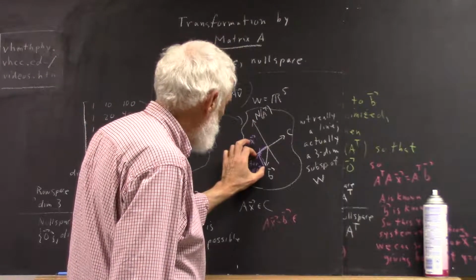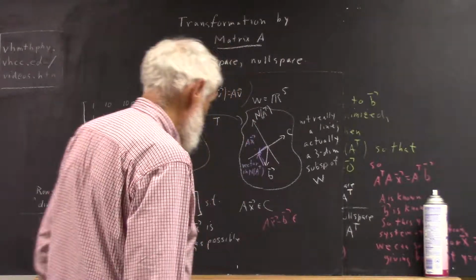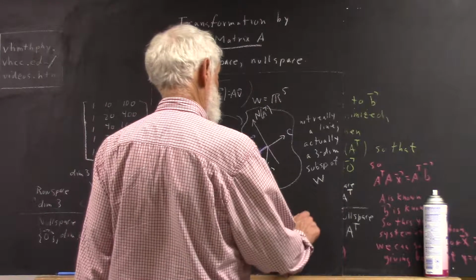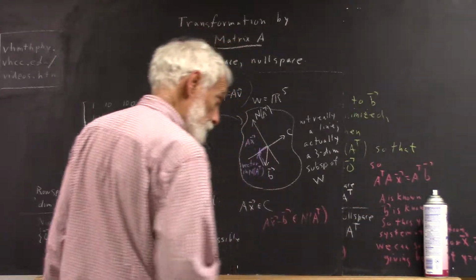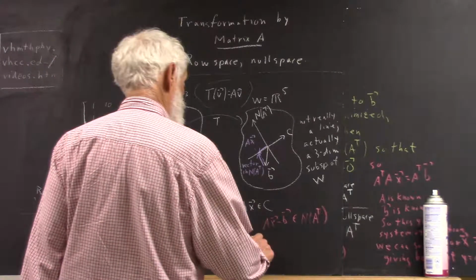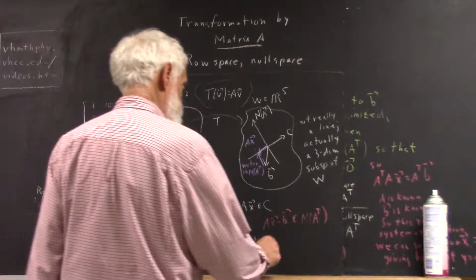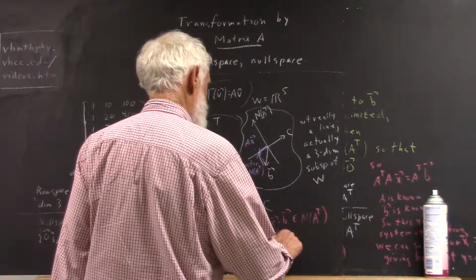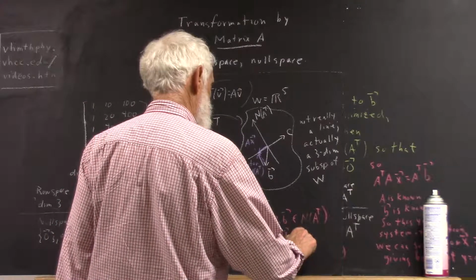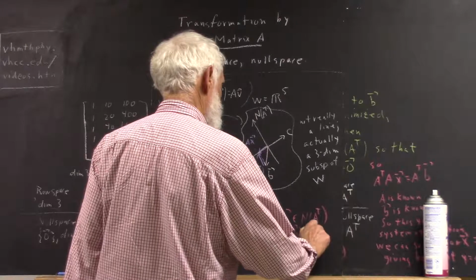It would be this, and that would be this vector here. Okay, AX minus B is in the null space of A transpose, and I'm just repeating what we said before. So A transpose of AX minus B is 0.